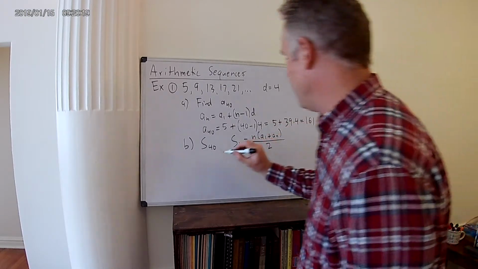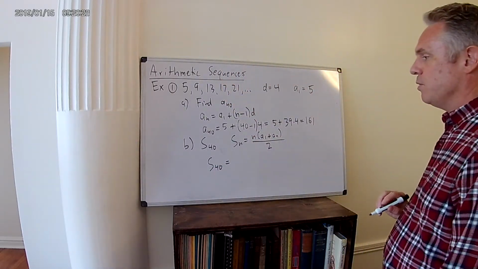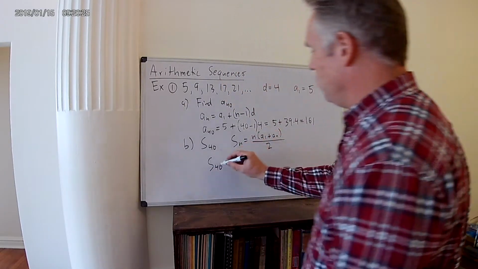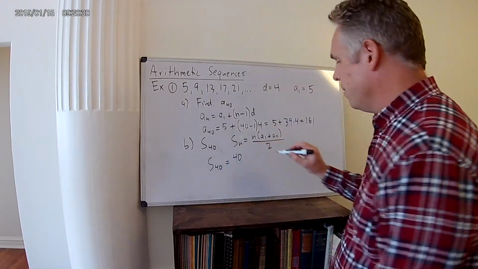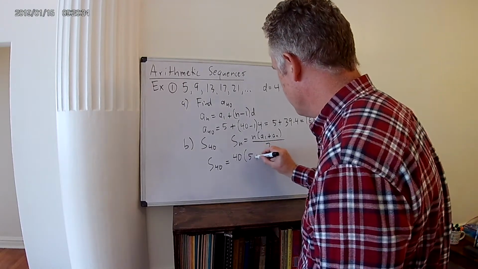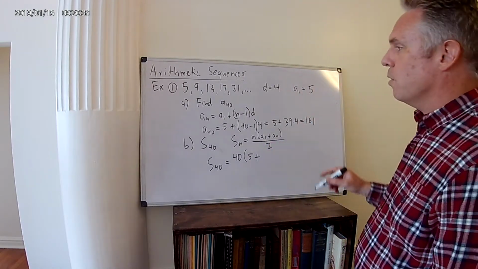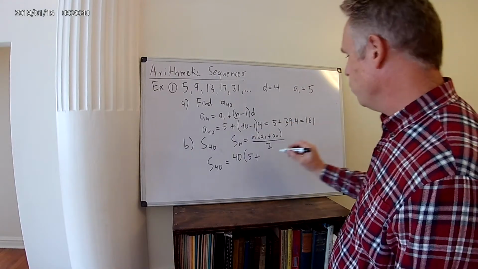Okay, we're going to apply this formula to this particular arithmetic sequence. So s sub 40 is equal to, this means our index is 40. So n is 40. Okay, the first term of our sequence is 5. The 40th term of our sequence, a sub 40, is 161.